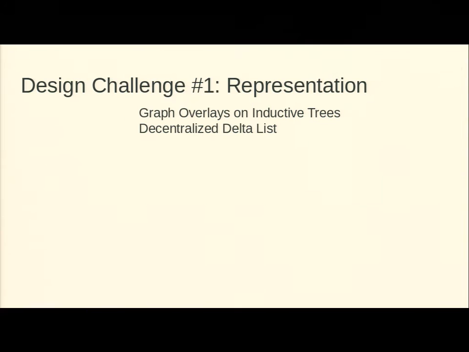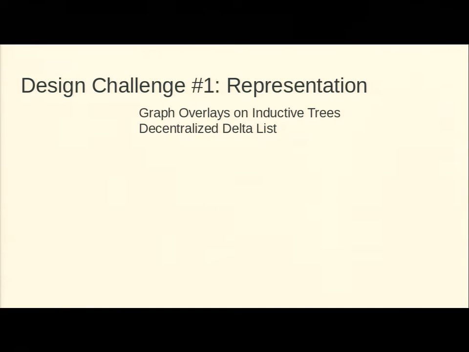This is benefit 3. So one challenge in developing a lazy propagation system is representation. And the choice that we've made really matters. So what we ended up with is graph overlays on inductive trees, which means if you look at a graph, you can squint and see a tree-like structure. Every edge that did not fit into that tree structure will have to be a back edge or a cross edge, so we explicitly mention which nodes it connects to instead of just induction.